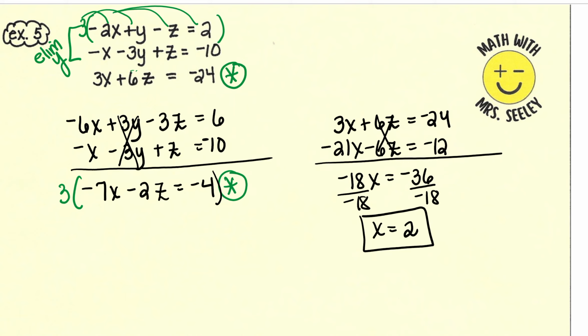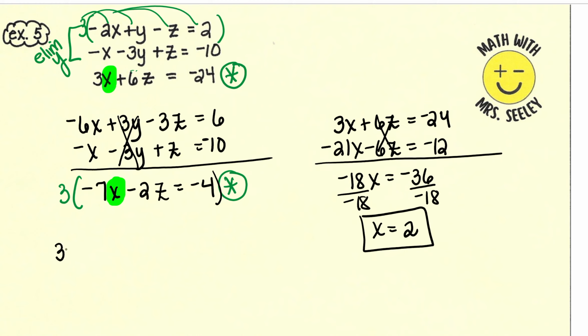All right, once you have the first answer, remember that you're going to take that answer, x is 2, and go plug it into either one of the two star equations. It does not matter. You choose the one you want to. I think I'll go to this one right here, the 3x.